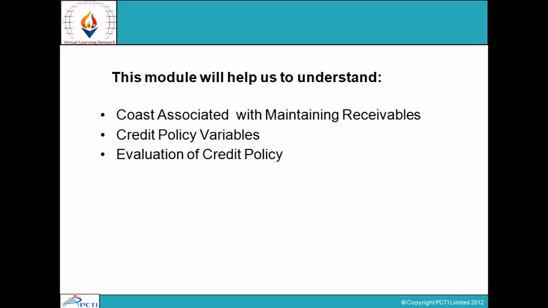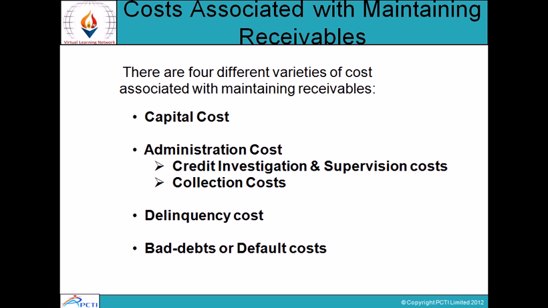So if I am selling something on credit, my profit is blocked for a certain period. In the books of account it shows as a sale, but it's not actually a sale, it's a credit sale. It is an absolute sale once you receive the cash against that, right? So those are called receivables.